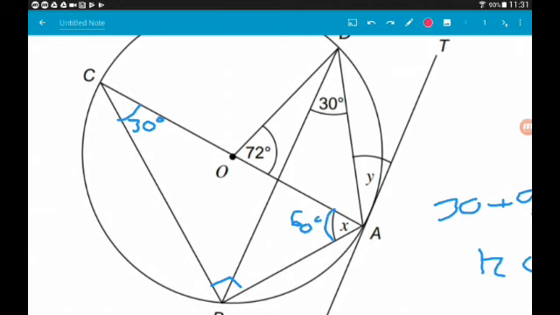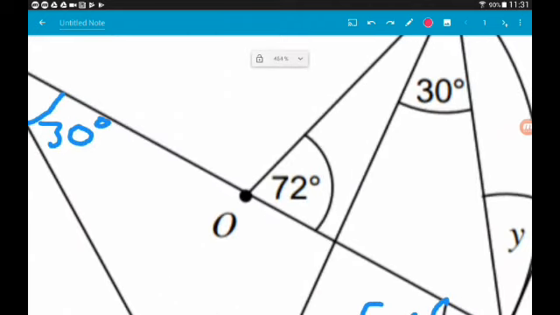Now, at the centre, we've got this angle of 72 degrees. We know this is on a straight line with this other angle at the centre, angles on a straight line add up to 180. So this angle then is 108 degrees.